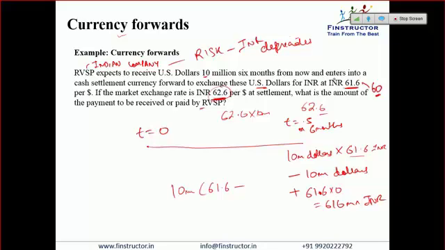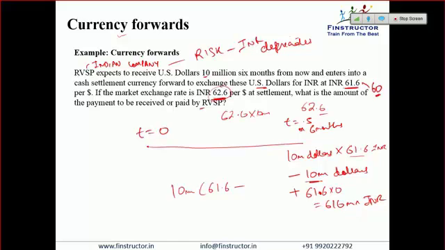He enters into a cash settled currency forward to exchange these US dollars for INR 61.6 per dollar. That is, the contract is that at T equal to 6, RVSP will deliver $10 million and receive so much INR.